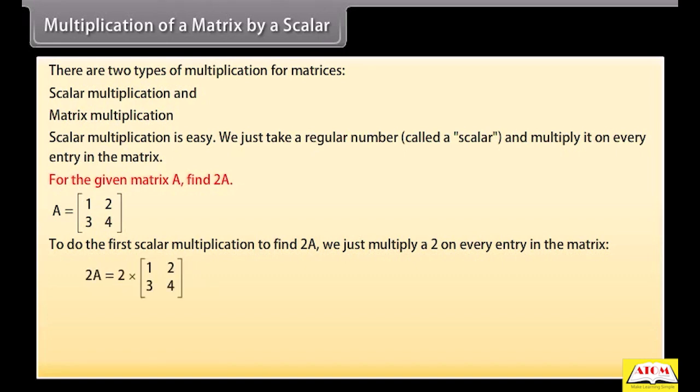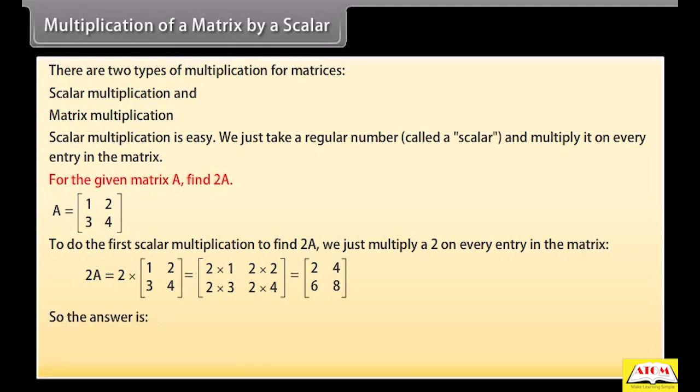2A is equal to 2 into matrix row-wise, first row 1, 2, second row 3, 4, which is equal to matrix row-wise, first row 2 into 1, 2 into 2, second row 2 into 3, 2 into 4, which is equal to matrix row-wise, first row 2, 4, second row 6, 8.